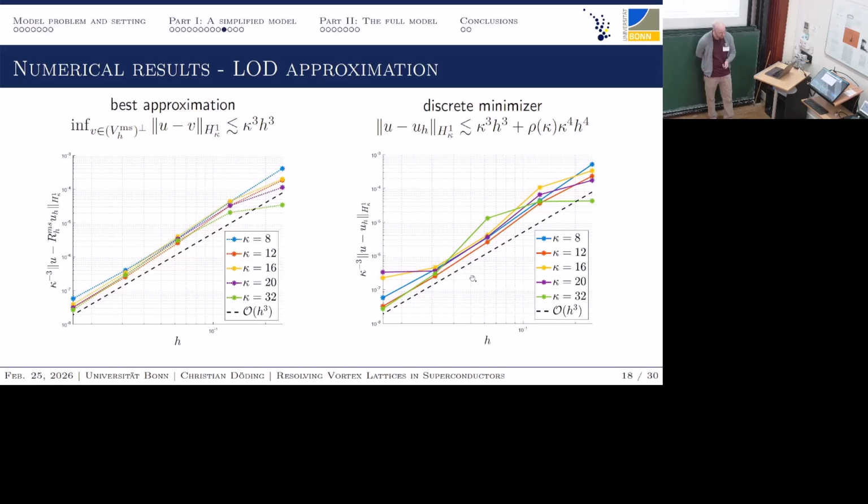And on the right hand side, the picture is again more complicated for the discrete minimizers. So we observe again a pre-asymptotic regime where this additional error term is not yet compensated. We need to compensate it, then we obtain the perfect, good approximation order.